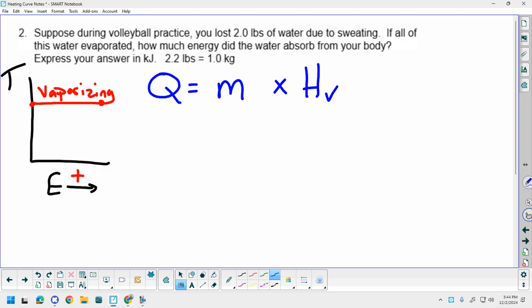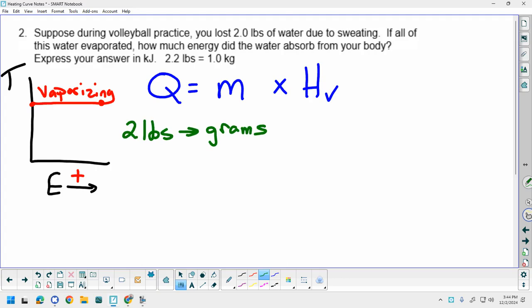Okay, a couple other things are going on here. We're given a mass of water in pounds, which isn't even a mass. So we've got to change that pounds into mass, and then we need to get our final answer in kilojoules. So first things first, 2 pounds into grams.